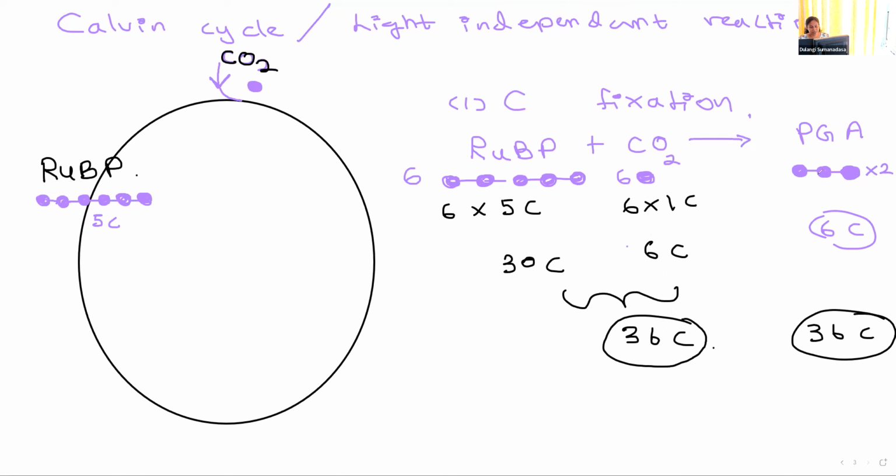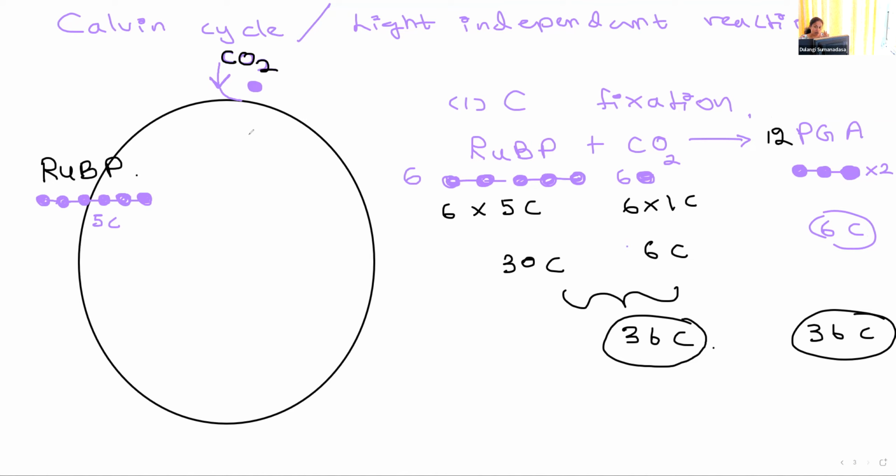So if one PGA has 3 carbons, how many PGA molecules in total are we going to make? I need the carbons, right? I'm not doing a maths lesson otherwise. Just write it down. How many? Grade 3 maths. 12, right? Okay, can you write down we are making 12 PGA?